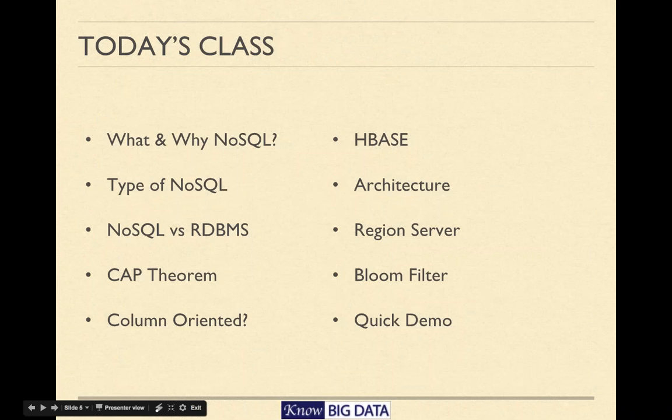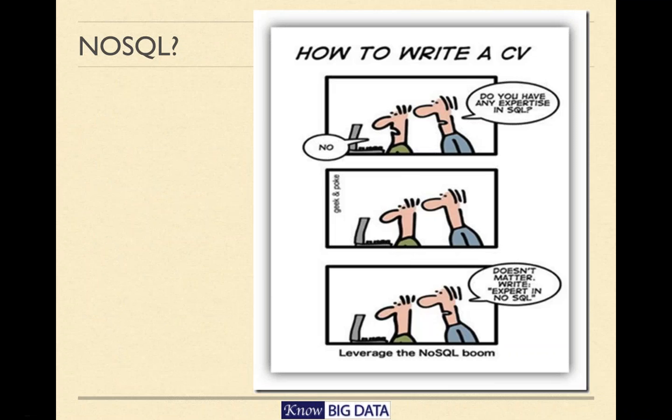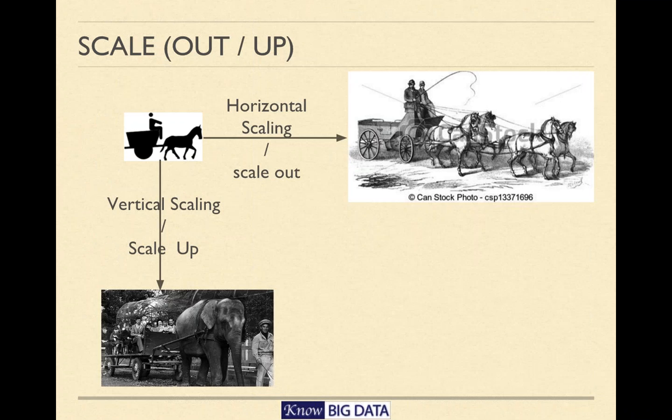Alright, again welcome to today's session on NoSQL and HBase. Before we go forward, I would like to explain what it means by scaling out, or horizontal scaling. Let us say there was a person who has one cart with a single horse. After a point of time, he needed to carry a bigger load. So he had two choices.